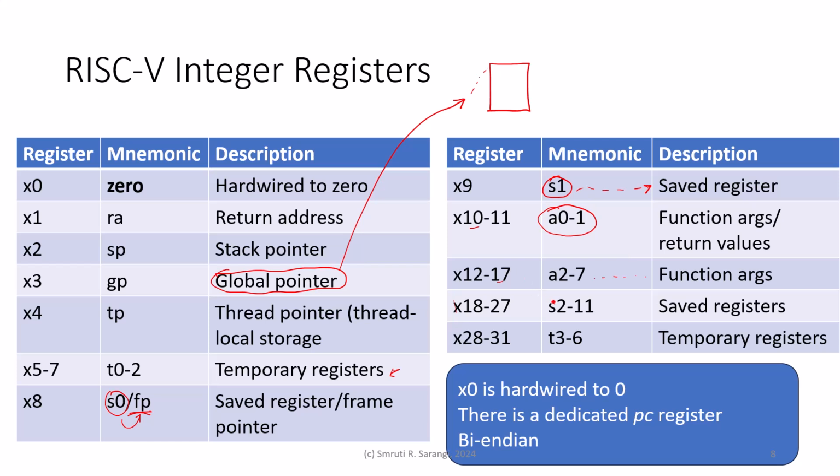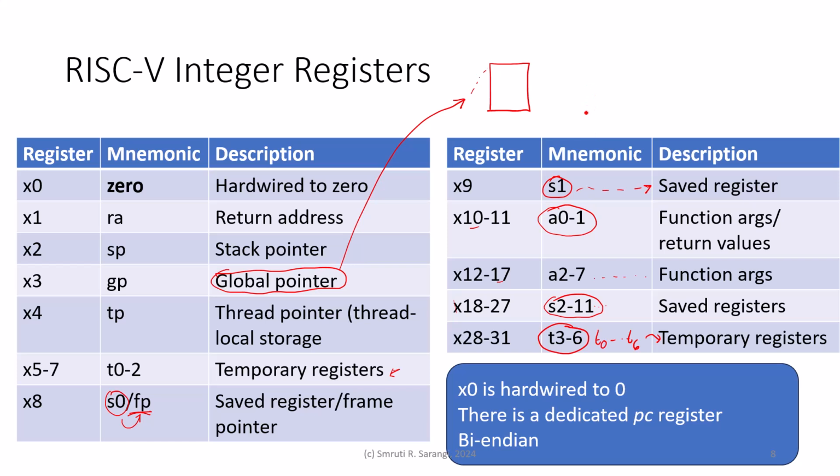Then we have a few more registers that are meant to be saved across function invocations, S2 to 11. And finally, a few more temporary registers. So as we can see, we have 12 saved registers and 7 temporary registers from T0 to T6. So the temporary registers are not saved, but the S series are saved.